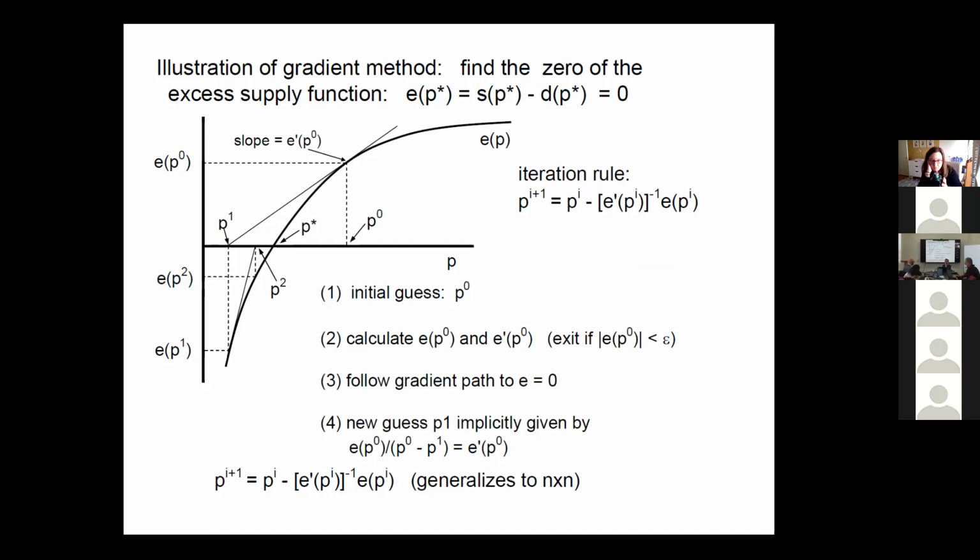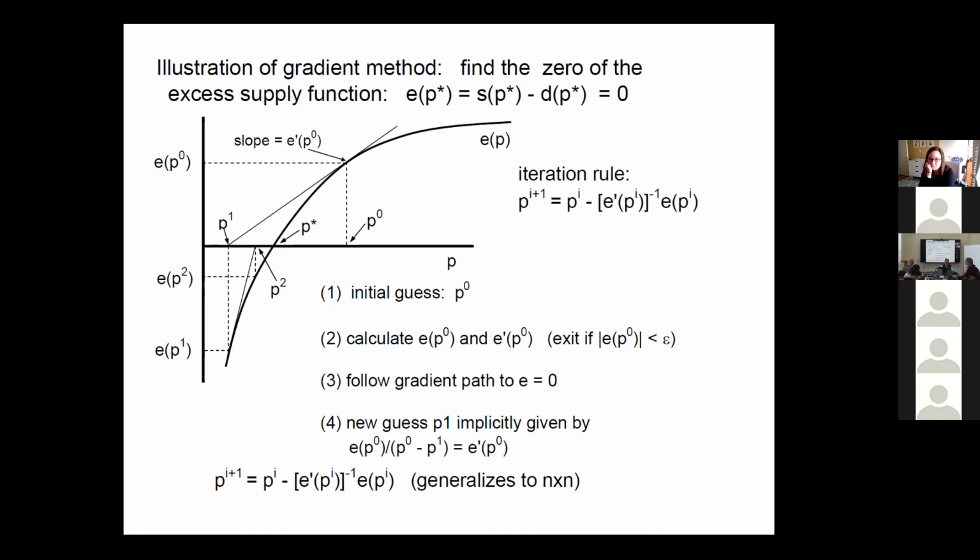Secondly, note what happens if you don't give a starting value. The default is 0. Well, E of P is minus infinity there, because if the price is 0, maybe supply is 0, but demand goes off to infinity. Maybe there is no saturation.